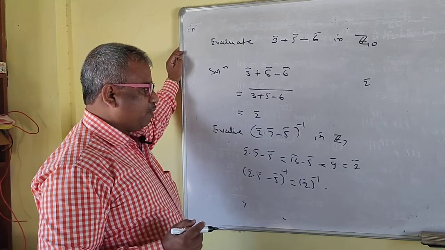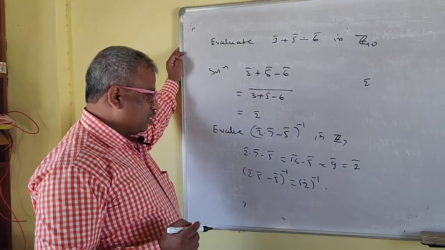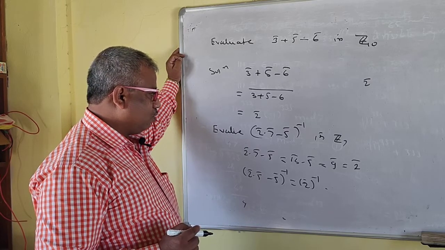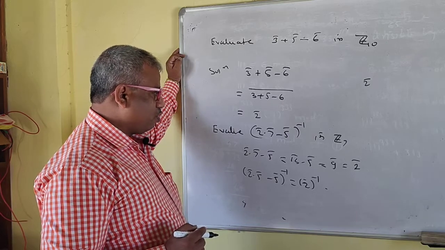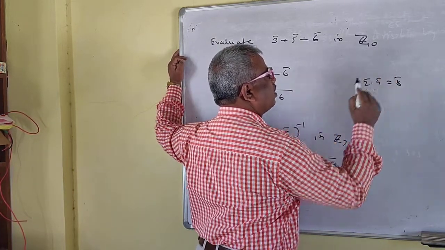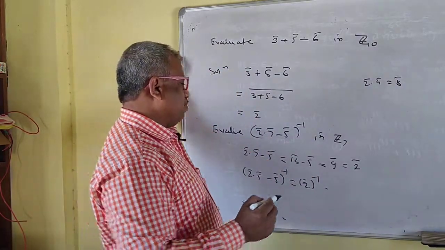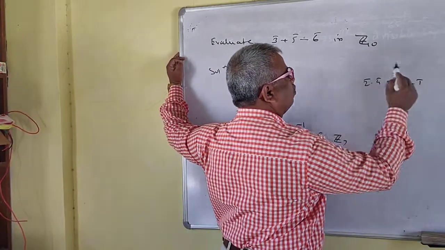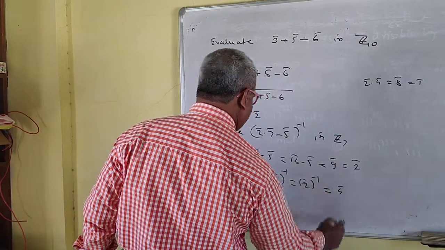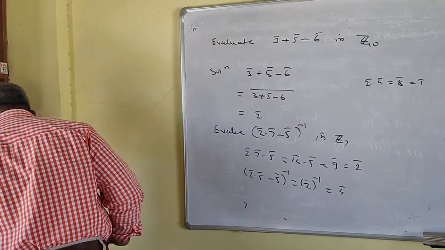Then 2 bar times 3 bar is 6 bar, but 6 bar is the same as minus 1 bar. That is not true. So 2 bar times 4 bar is 8 bar, right? But 8 bar is the same as 1 bar. So the inverse of 2 bar is 4 bar.